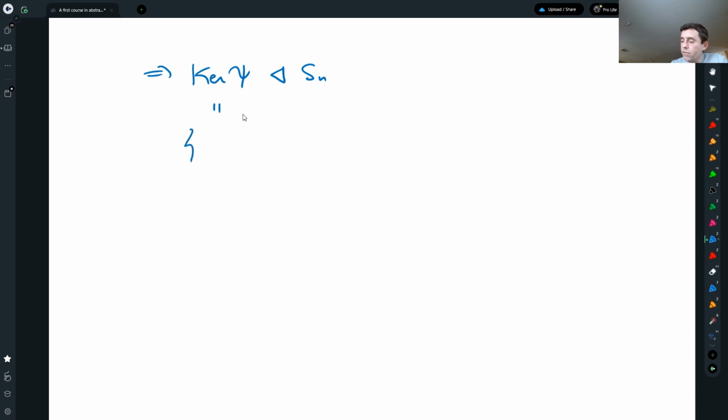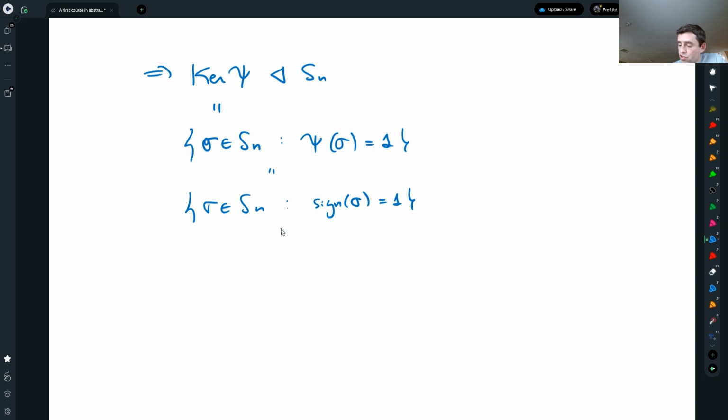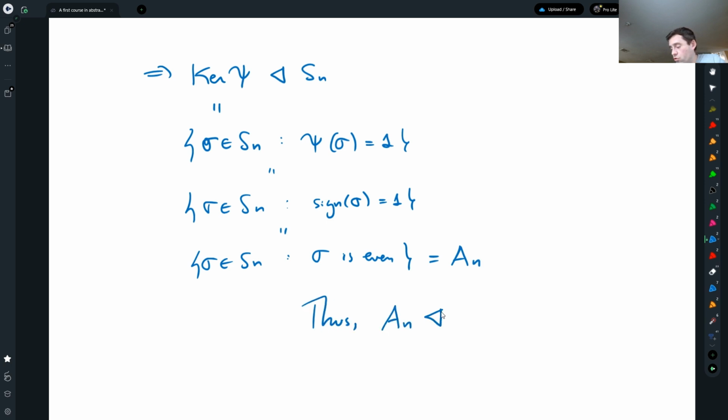The kernel will be permutations in S_n such that psi of that permutation is 1, which is those permutations in S_n such that the sign of sigma is 1, which is those permutations such that sigma is even, and that is precisely how we defined A_n. Thus, we have proved that A_n is normal in S_n as we wanted to prove.